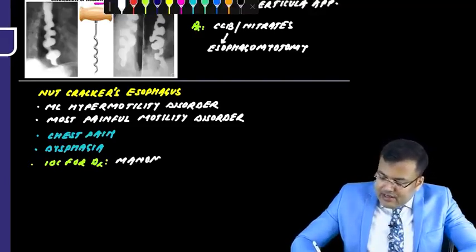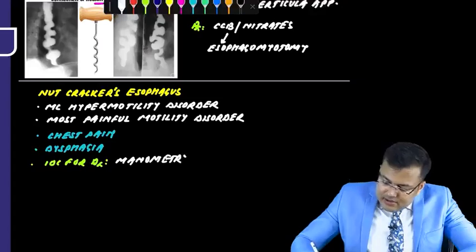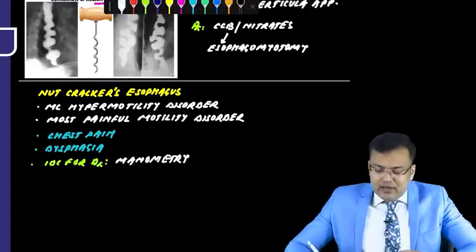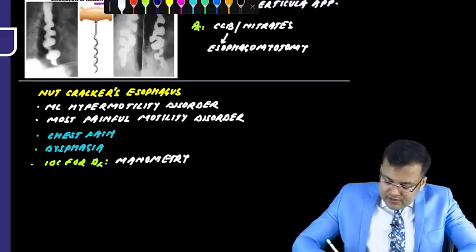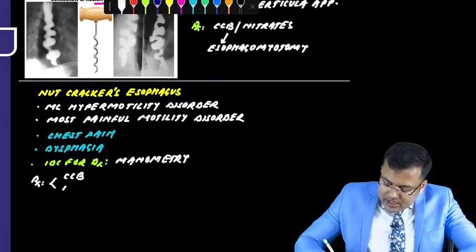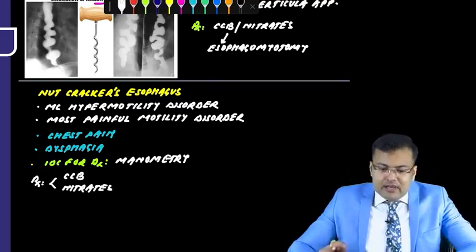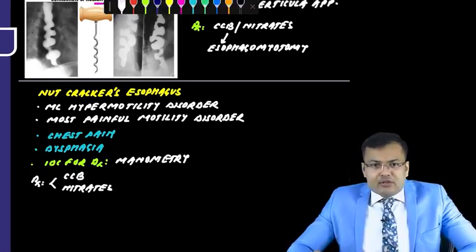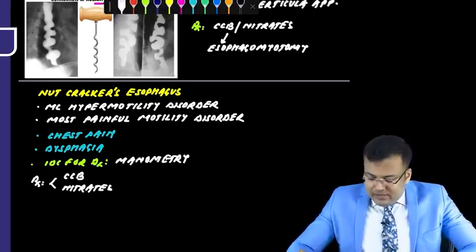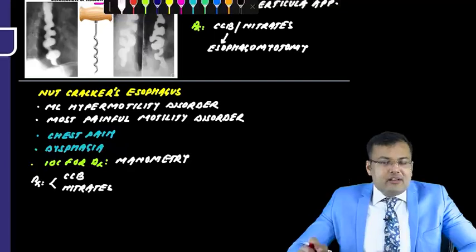In this case, the treatment is antispasmodics: calcium channel blockers, sometimes nitrates. Usually surgery does not have a significant role, so it is managed by calcium channel blockers and nitrates.